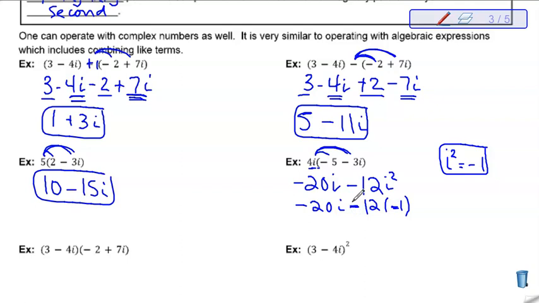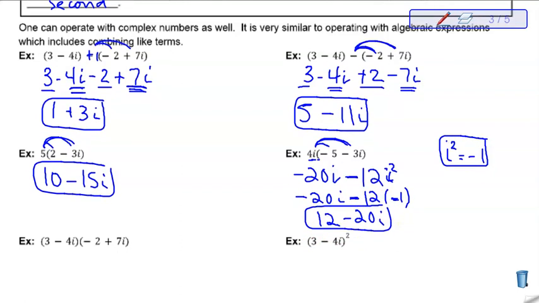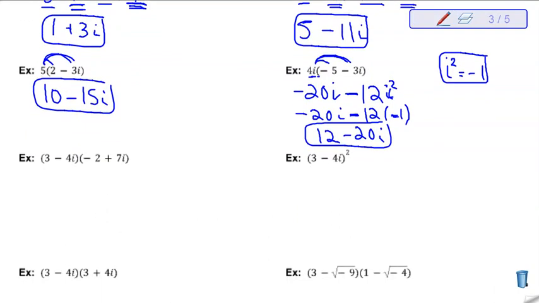So in layman's terms, with this i squared here, it's going to switch the sign of that. Now, that is the real piece, so I'm just going to start with that piece and write it in front, then attach my imaginary piece, negative 20i, at the end. So that would be my final answer there for that imaginary times a complex number.